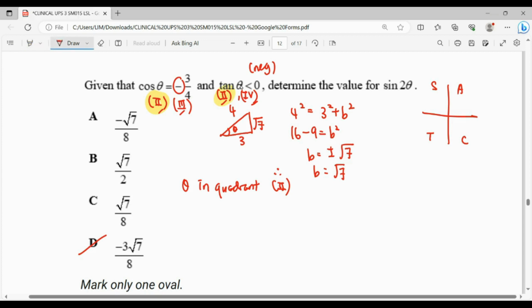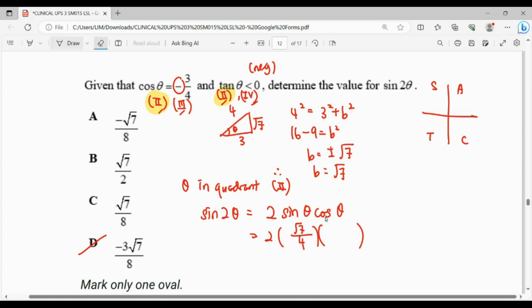When we know that this angle is in quadrant 2, we find sine 2 theta. By using the double angle formula, it will be 2 sine theta cos theta. For sine, we read opposite over hypotenuse, square root of 7 over 4. Sine in quadrant 2 is a positive value.